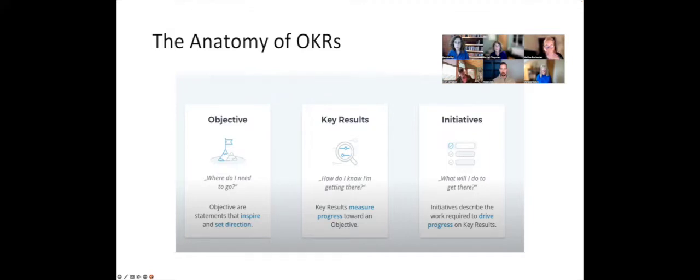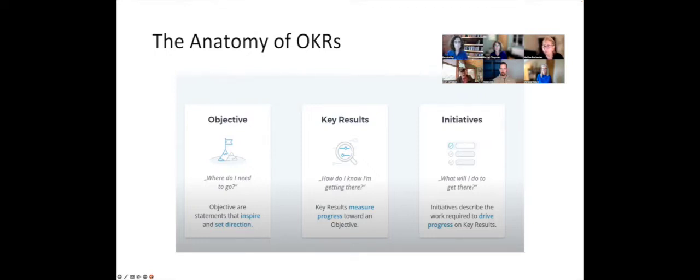It also is the strategy execution process, where you track execution from the work, like initiatives and funding, back to show and demonstrate whether or not the work and investment is producing the strategic outcomes that justify it.